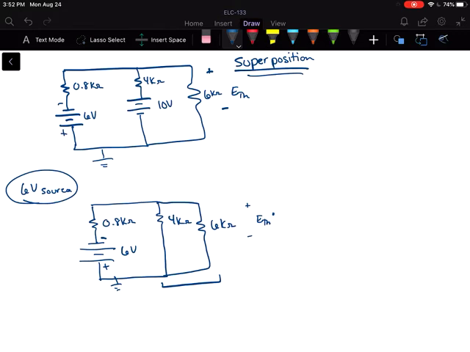So that gives us 2.4, and then our total is 2.4K plus 0.8K, or 3.2 kilo ohms of resistance. So that means that our source current, I sub S, would be the 6 volts divided by 3.2K. Which is 1.875 milliamps. And that would be in this direction.